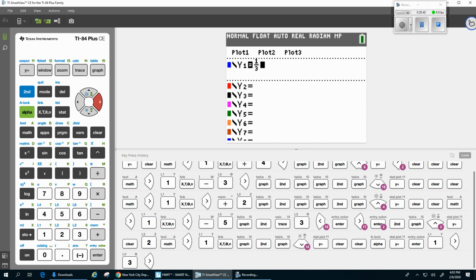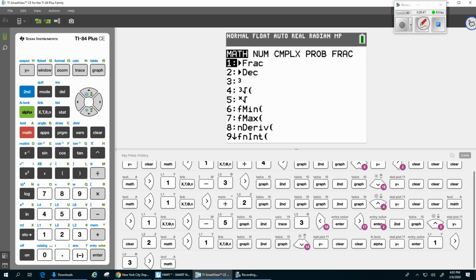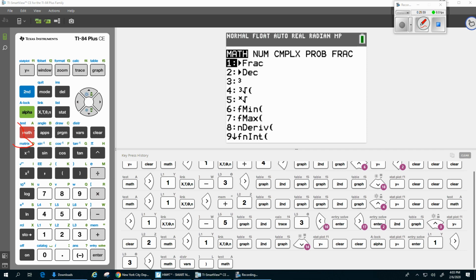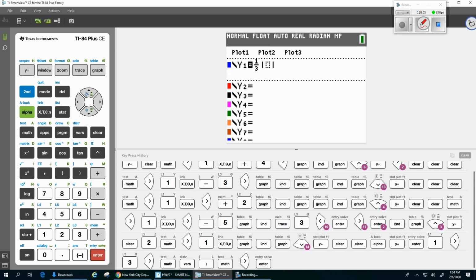I'm going to hit math, over to num, enter x. And let's look at the graph.